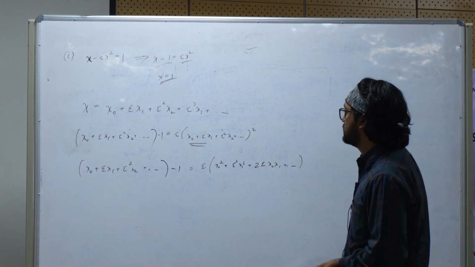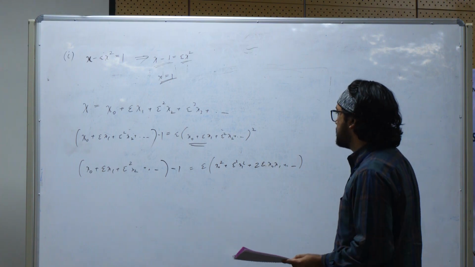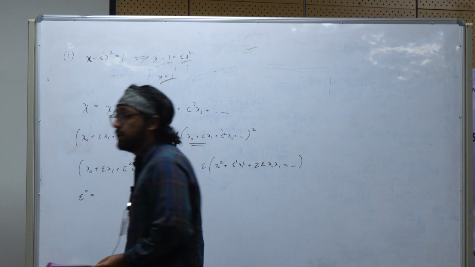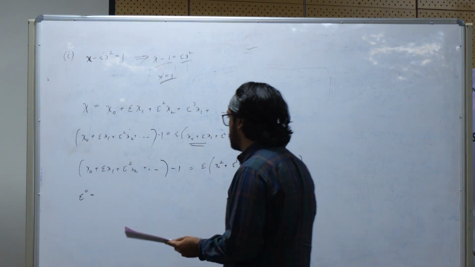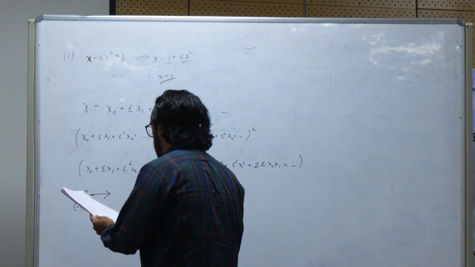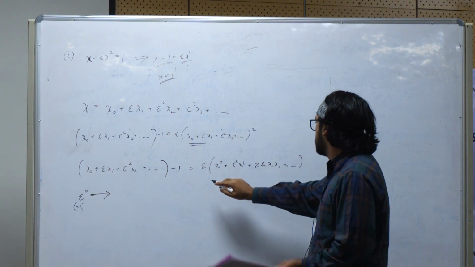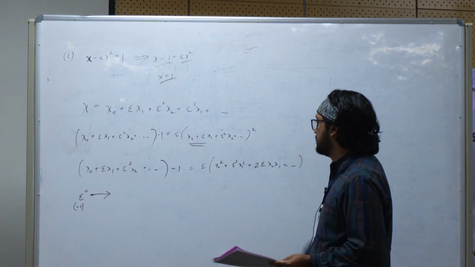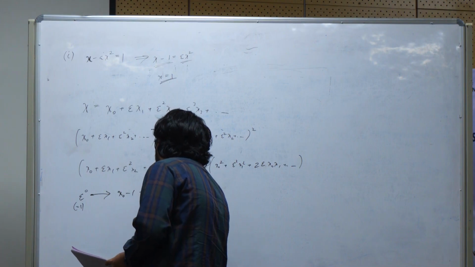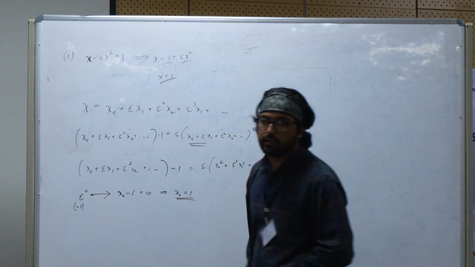So now I gather the terms which are coefficients of epsilon at each order, and what I get at the first order, that is at epsilon to the power of 0, what we call the leading order, is x naught minus 1 equals, there's no term of the leading order here, so 0, which is basically what we get as a solution to the linearized problem.